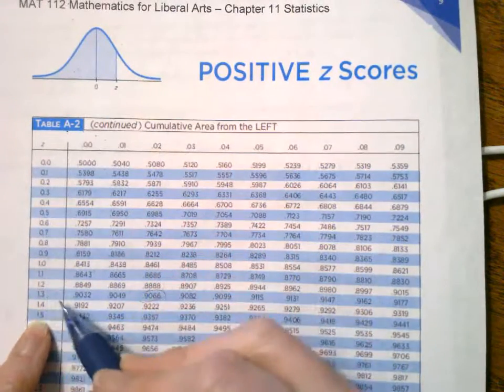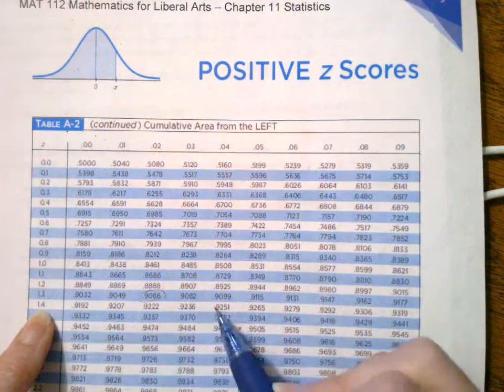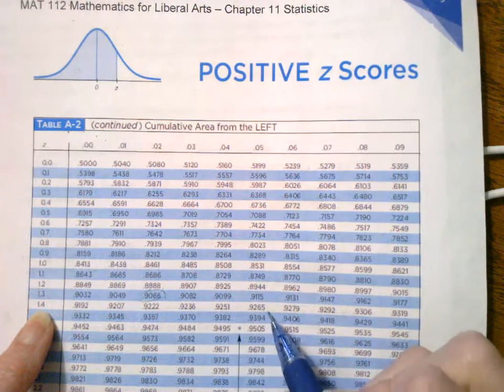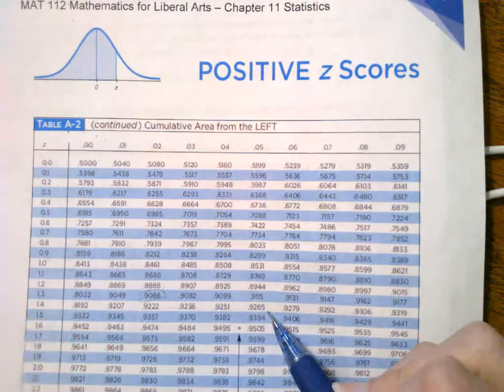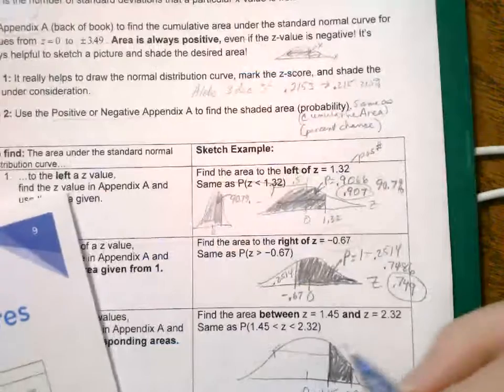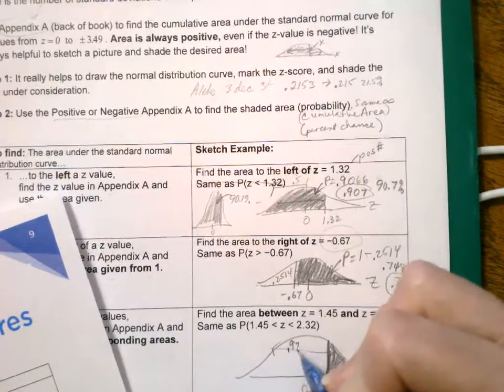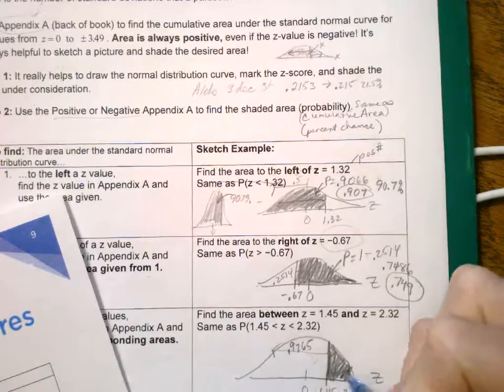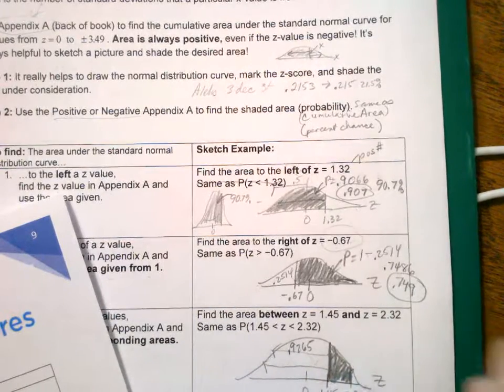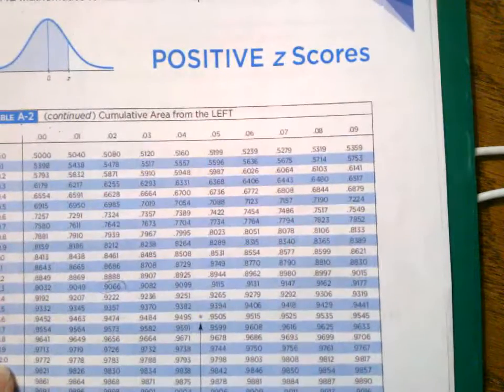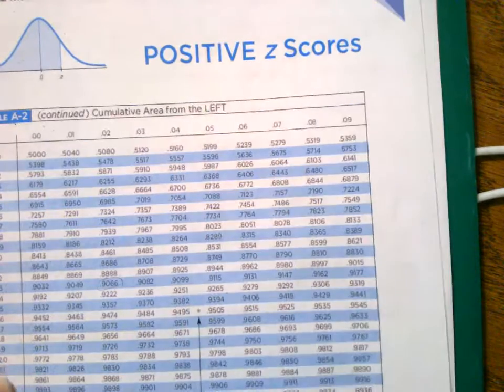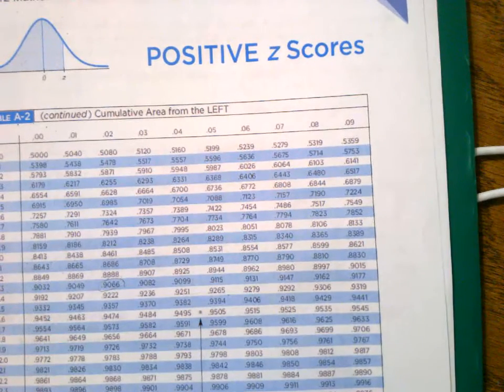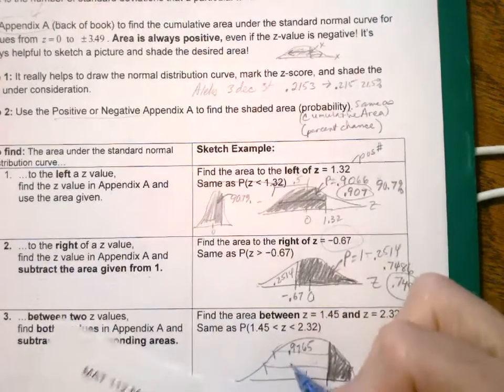Positive 1.45 is 0.9265. And then I'm going to get this one that goes all the way to the left, 2.32. 2.32 is 0.9898.